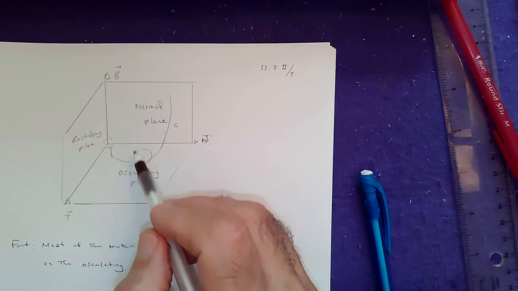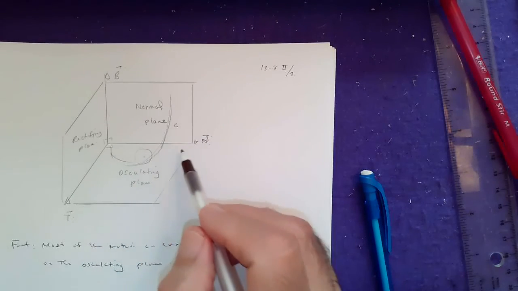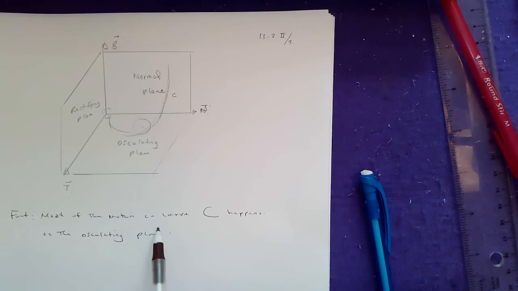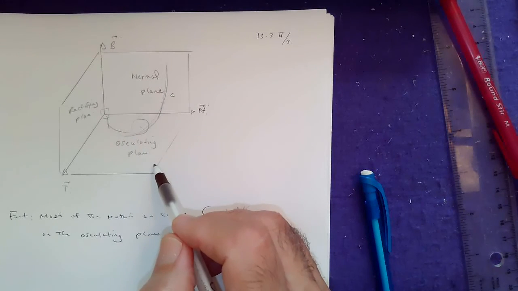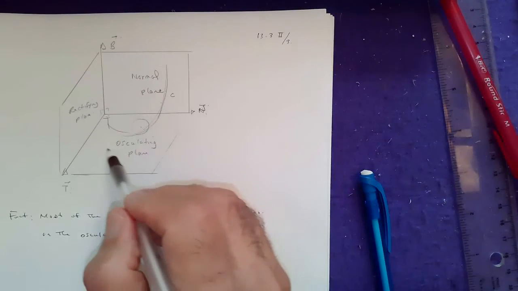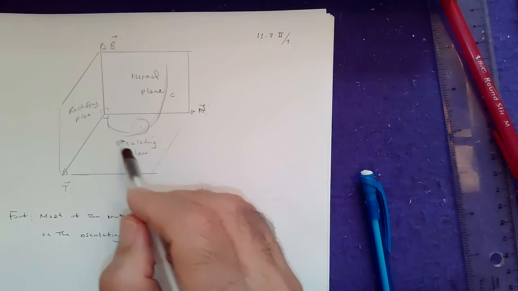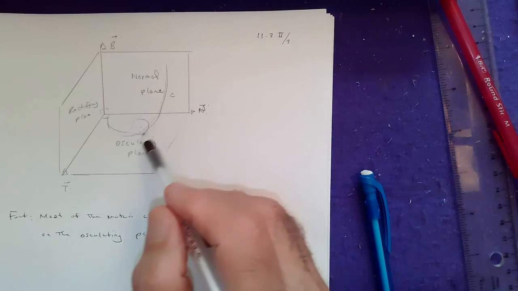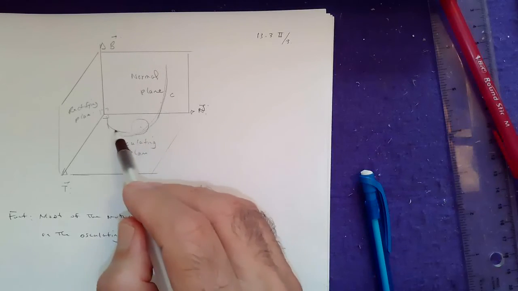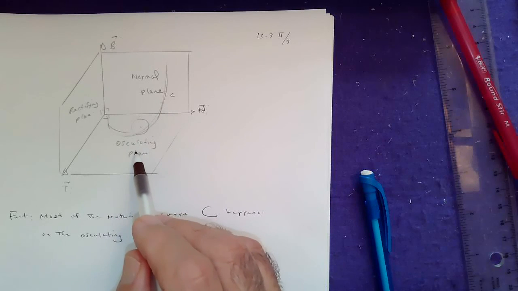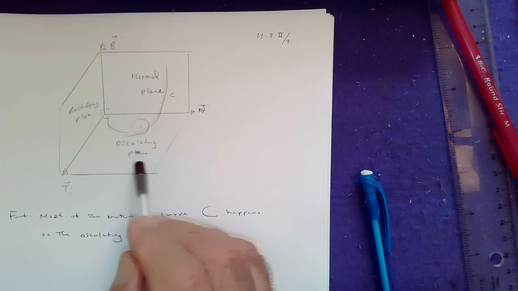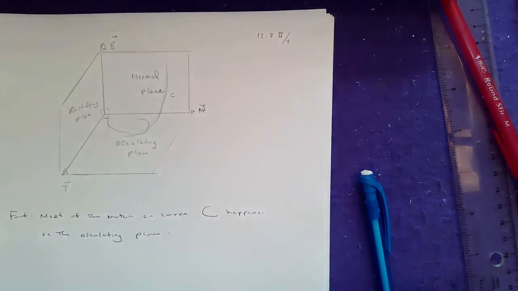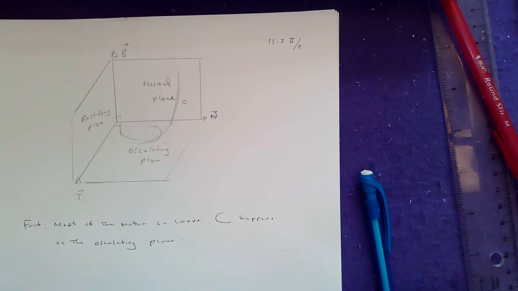What's so good about this? Most of the motion on the curve C happens in the osculating plane, the path of the motion occurs in this particular plane.